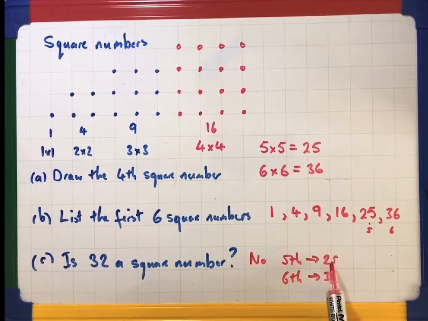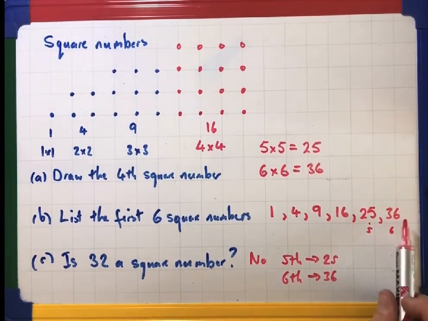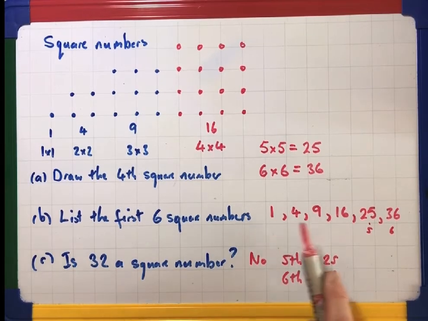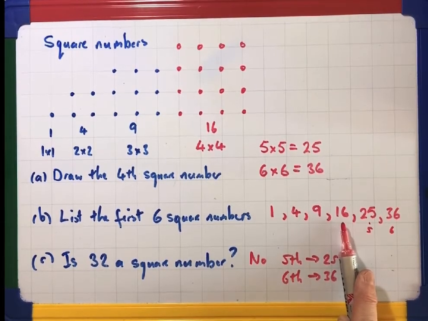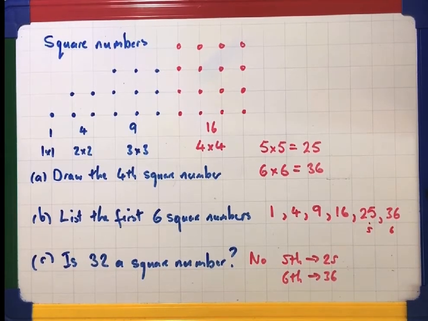Okay, it's not either of those, and it's between those two, therefore it's not a square number. In fact, the next square number after this would be 7 times 7, which is 49. So 32 is not a square number. If I was asked, is 16 a square number, I would say, yes, look, it's the fourth one. Okay, so that's what a square number is.